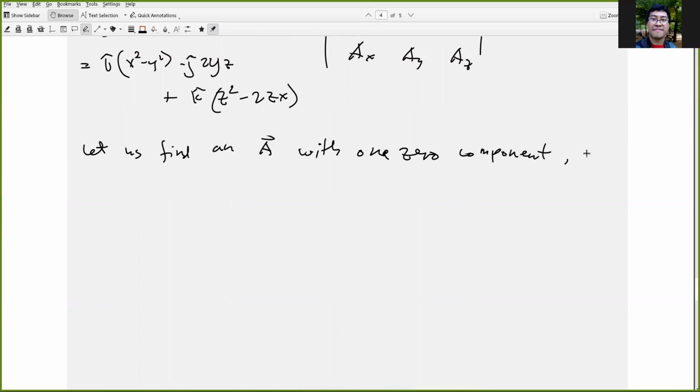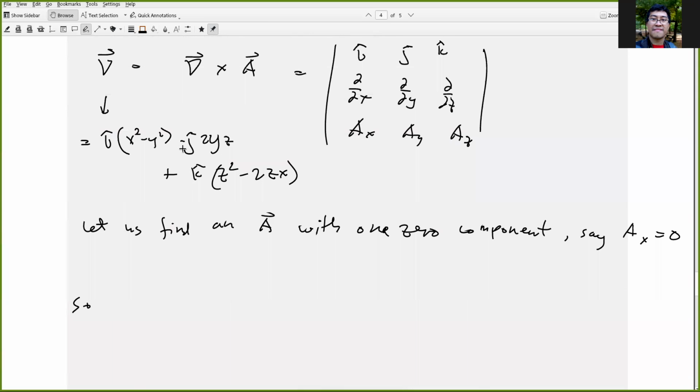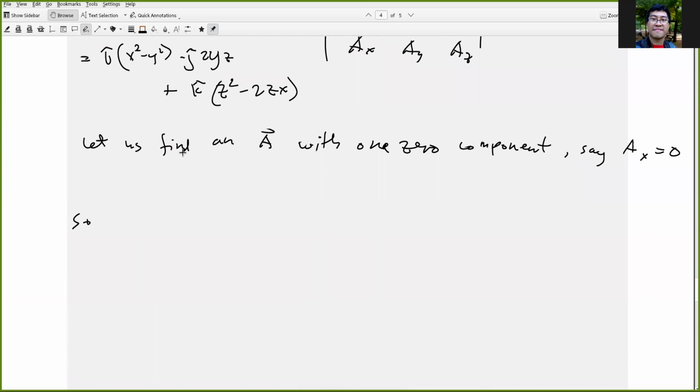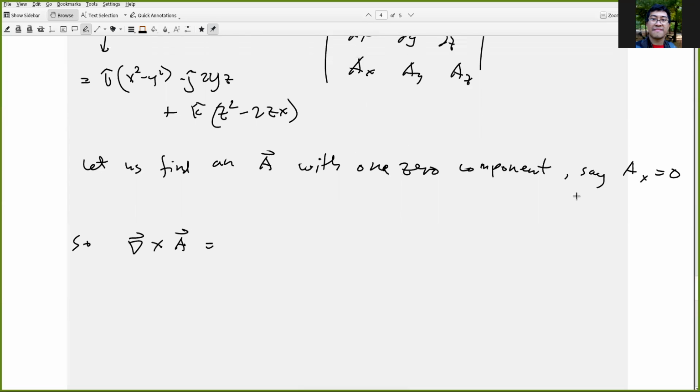Okay, so let's say AX equals 0. So this now becomes 0. So V, which is this, can be written as del cross A, where AX is 0.